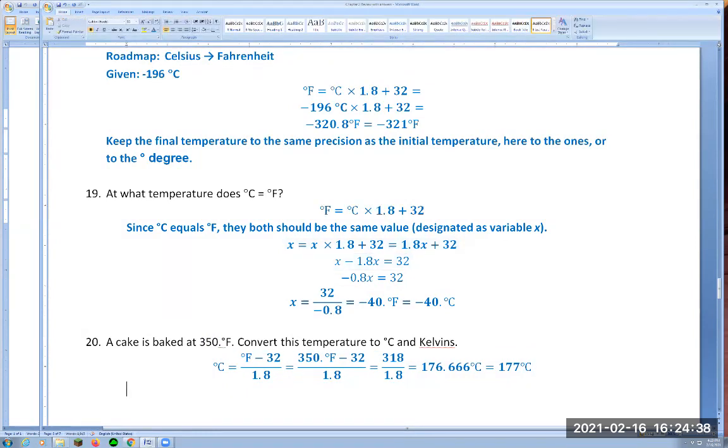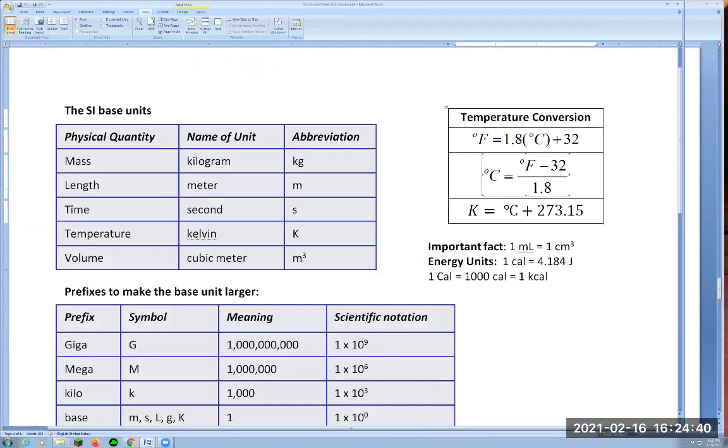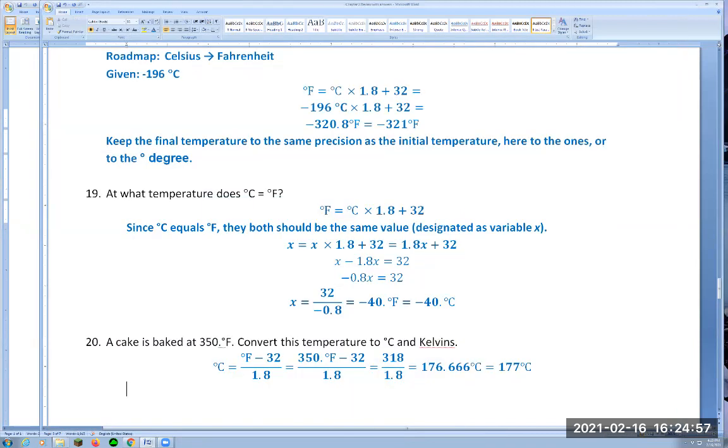Next, you want to convert that to kelvins. And there is no direct relationship, as you can see, between degrees Fahrenheit and kelvins. You have to use degrees Celsius to change to kelvins. So we will use the degrees Celsius and add 273.15 to get the kelvins, right? So the equation is like this.